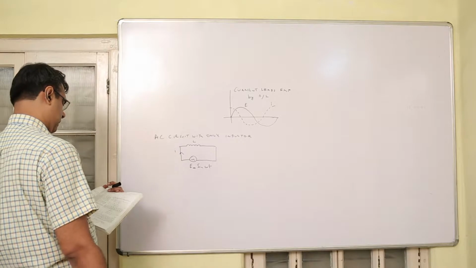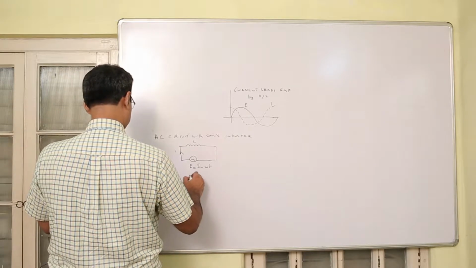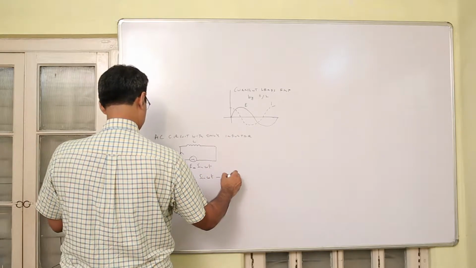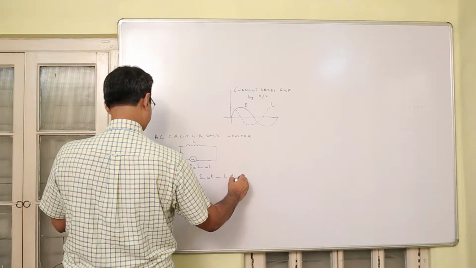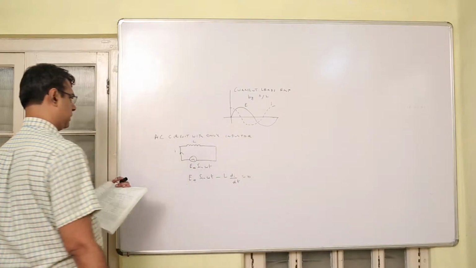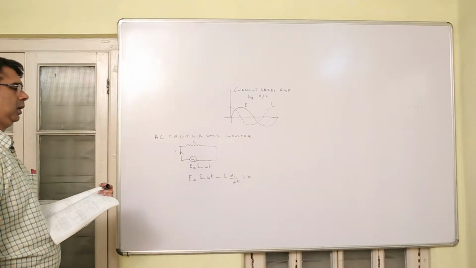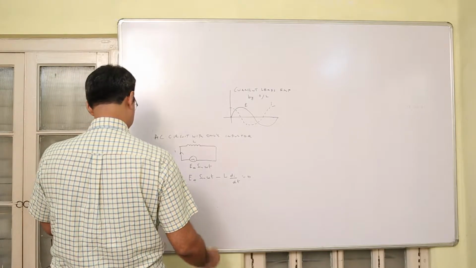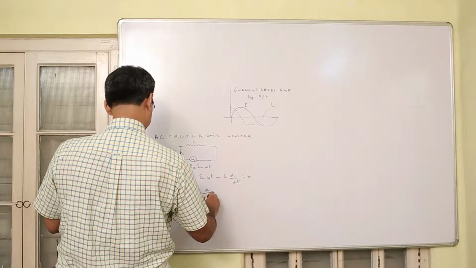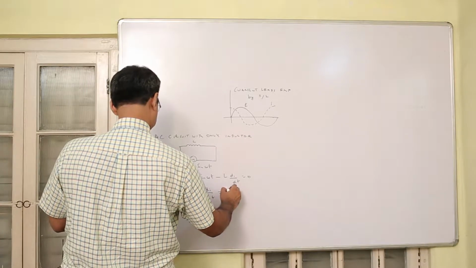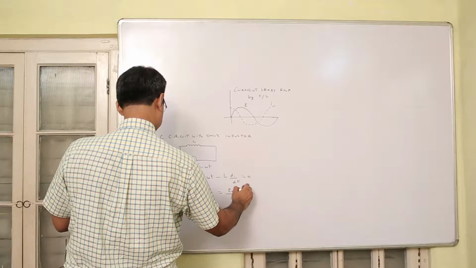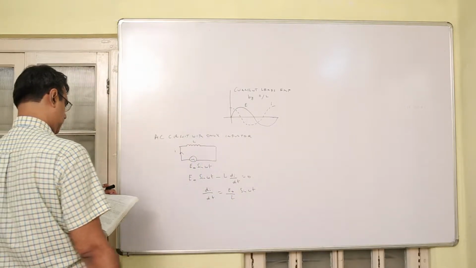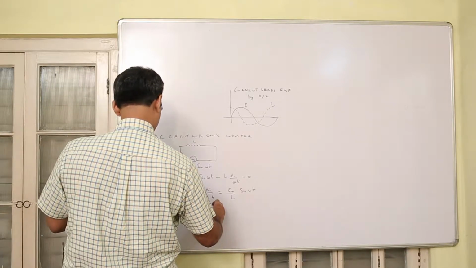So if you have an AC circuit with only an inductor, and if you decide to apply Kirchhoff's law on this circuit, E0 sine omega t minus L di by dt is 0. So di by dt is E0 by L sine omega t.